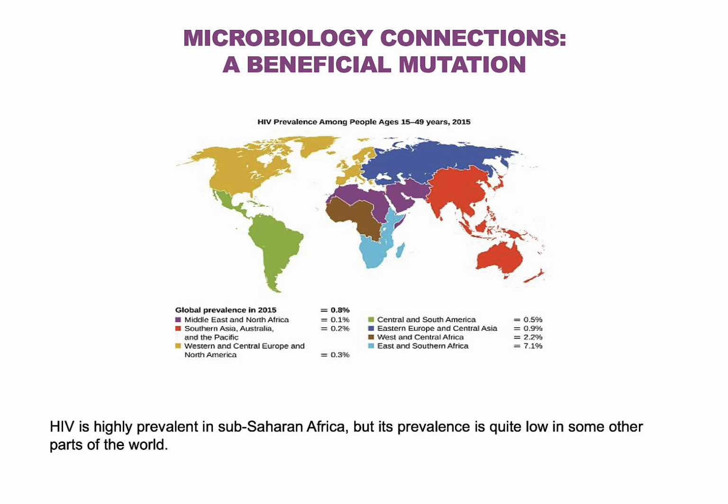The highest prevalence of HIV infection is among individuals ages 15 to 49 in sub-Saharan Africa, where approximately 1 in 20 people is infected, representing over 70% of global infections. Unfortunately, access to prevention strategies and treatment options is severely limited in this region.